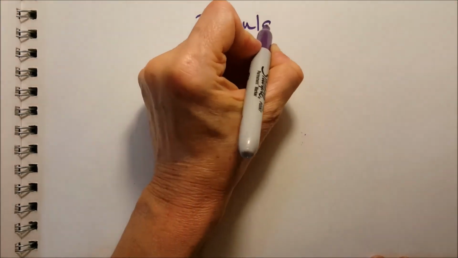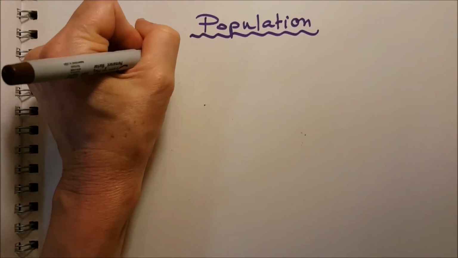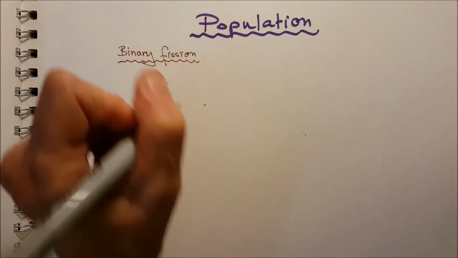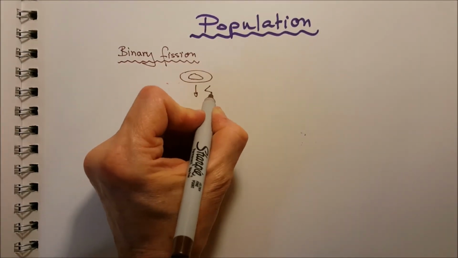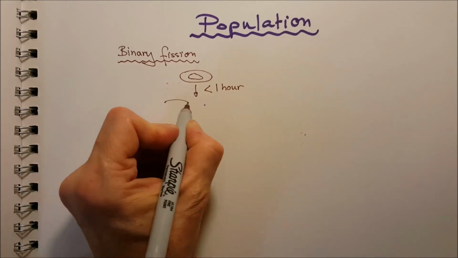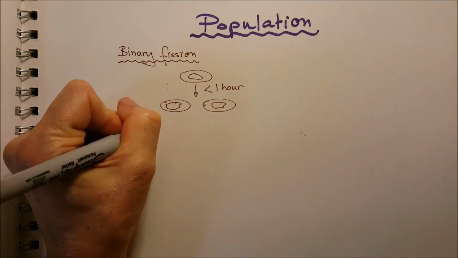Populations of prokaryotes adapt rapidly to changes in the environment. They divide by binary fission, and within an hour they replicate, and 1 will be 2 and 2 will be 4.